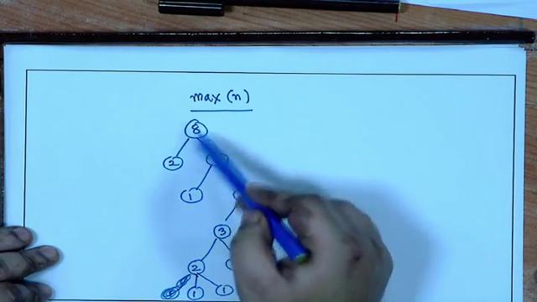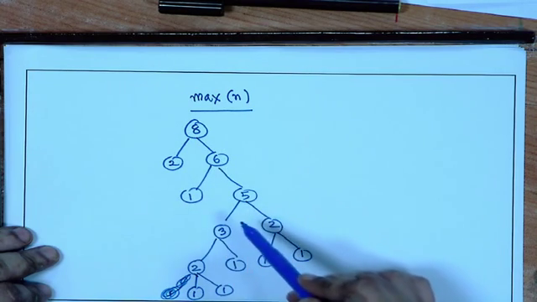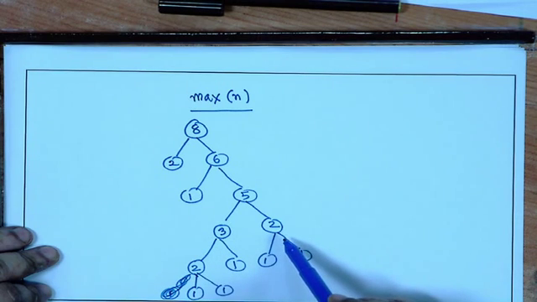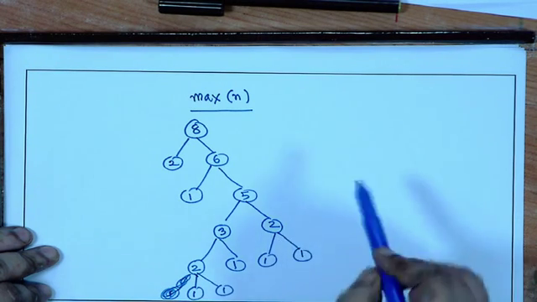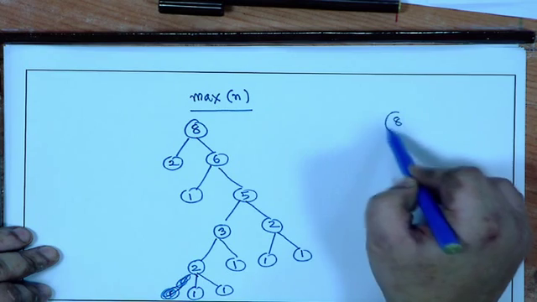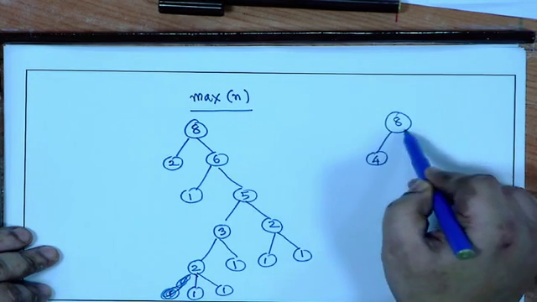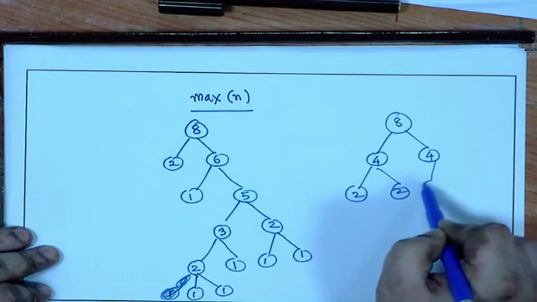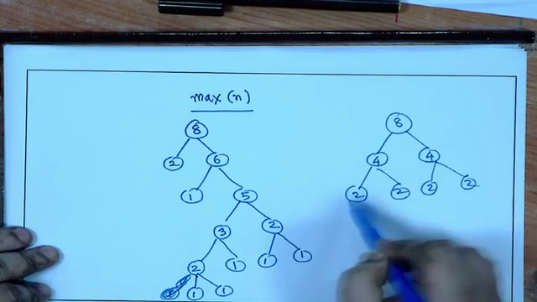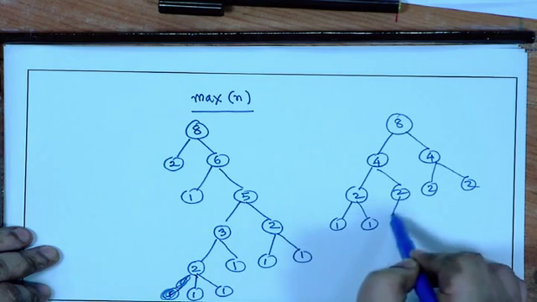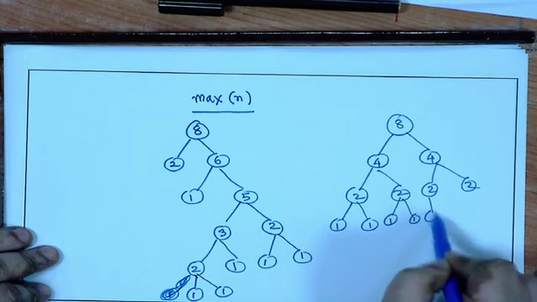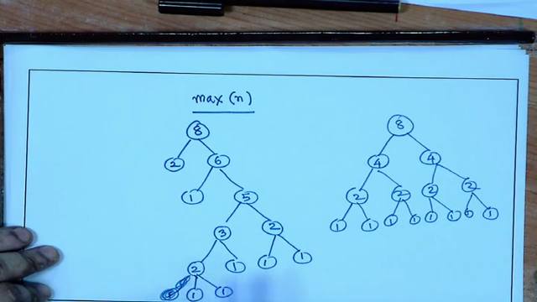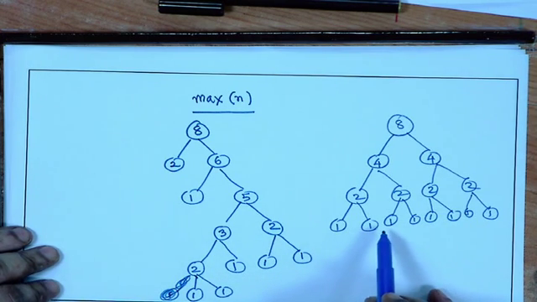Here, if there was only one processor, the total computation time is the number of internal nodes, which is n minus 1. On the other hand, if I did it this way, for a single processor, both would take the same amount of time.